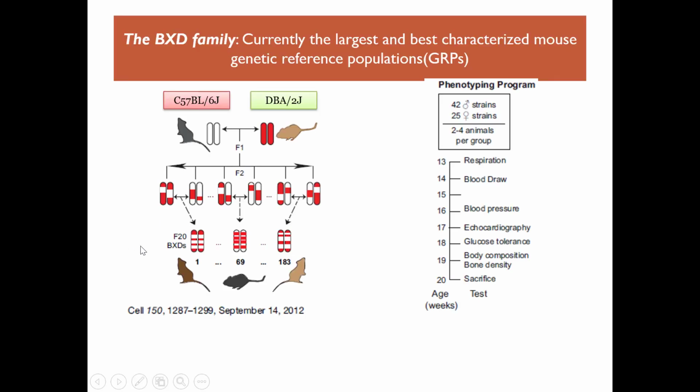Okay, so the system we work with is an amazing system. It is not created by us, of course. This took years to generate, and it's a family of mice. It's called the BXD family, and it's also referred to as genetic reference panels.